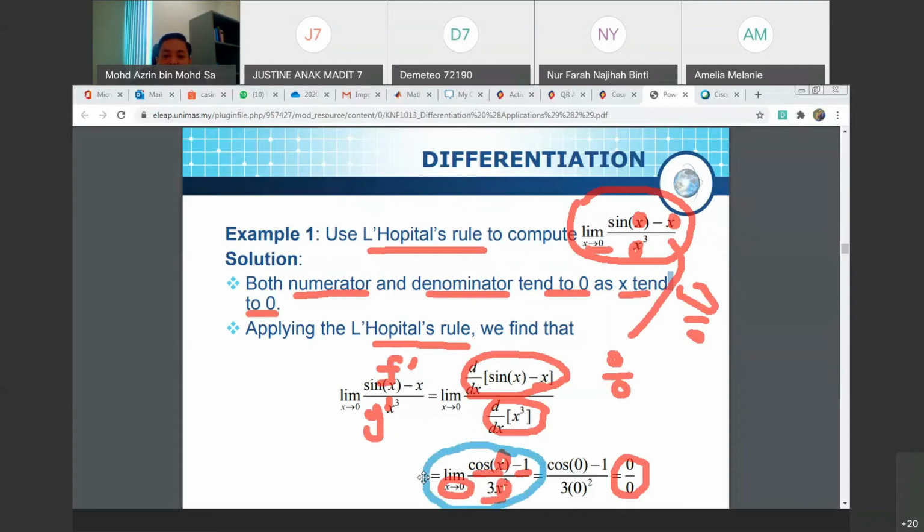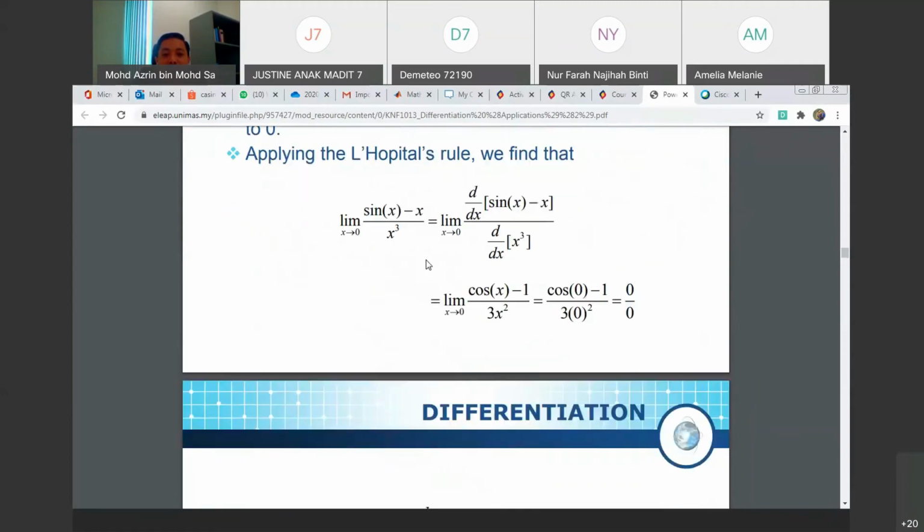You kena buat lagi sekali, differentiate sekali lagi yang equation cos x minus 1 over 3x squared. Okay, that's what it means lah, because you end up with 0, 0. So apply again to this equation cos x minus 1 over 3x squared.